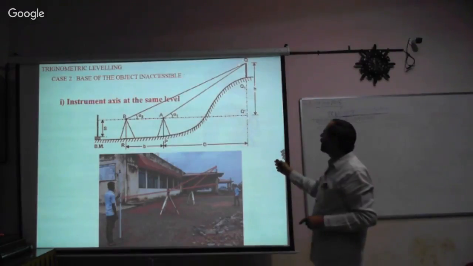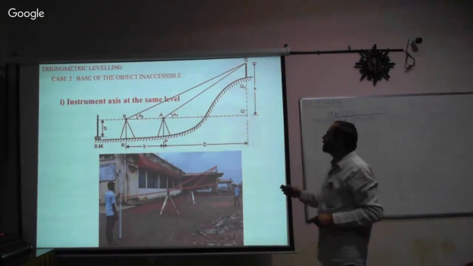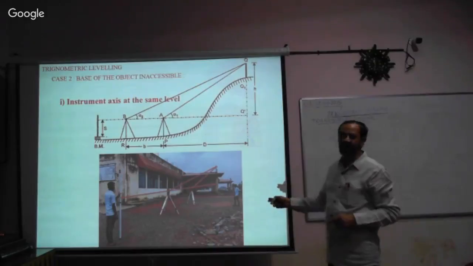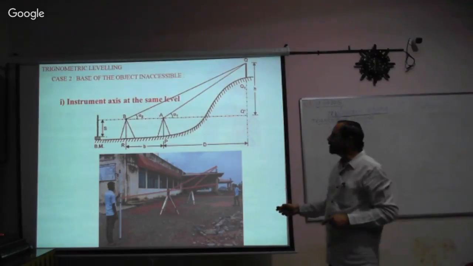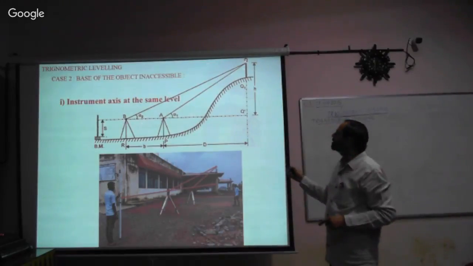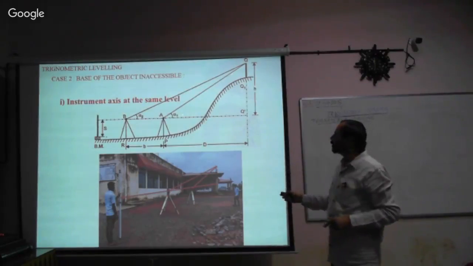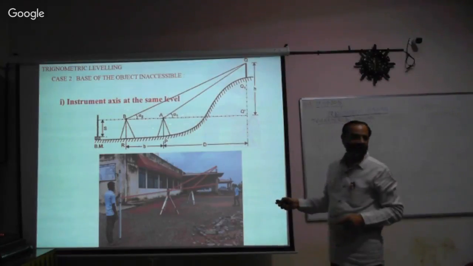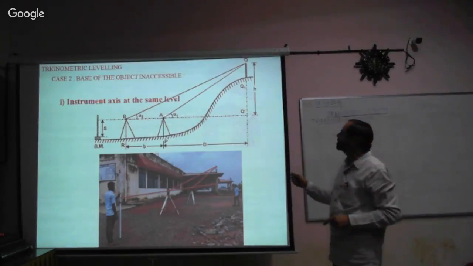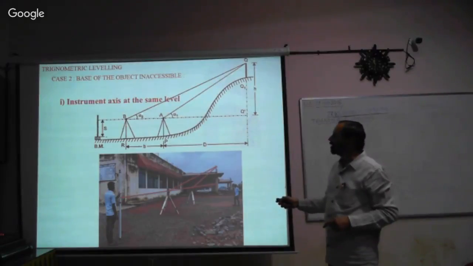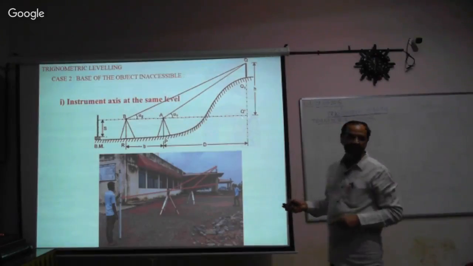That is also another triangle, but the angle is alpha 2. H is same for both, isn't it? In both the stations H remains the same. Considering the second triangle, that is Q, B, Q dash, with alpha 2.